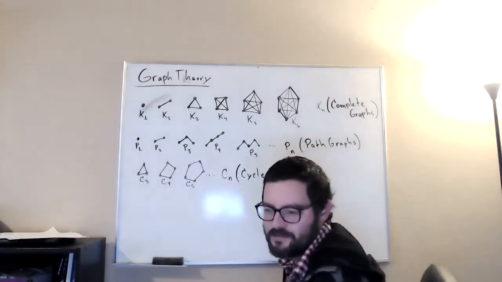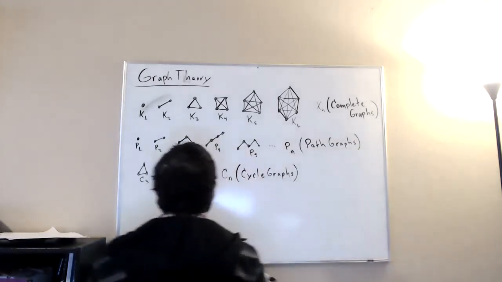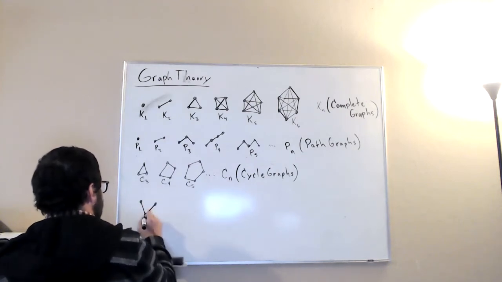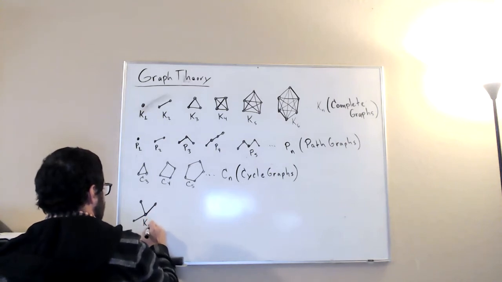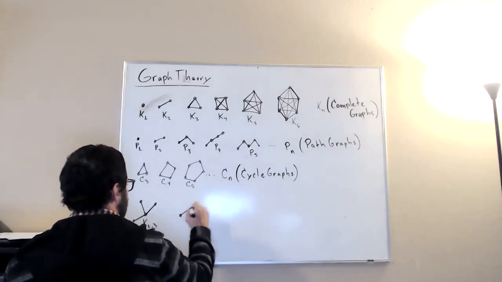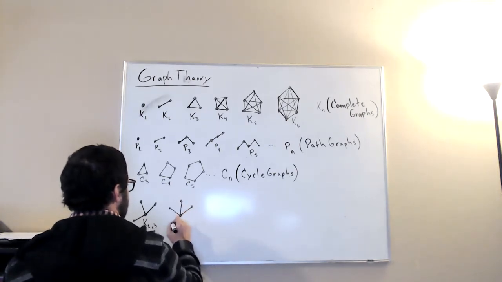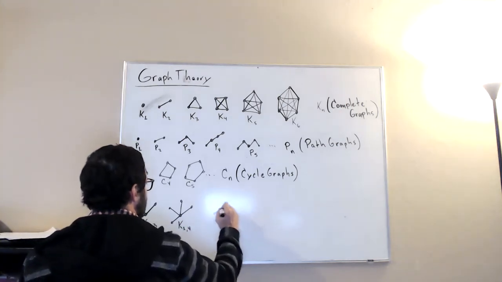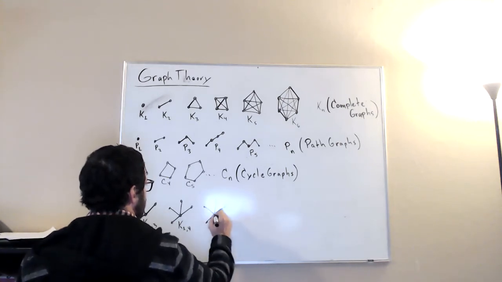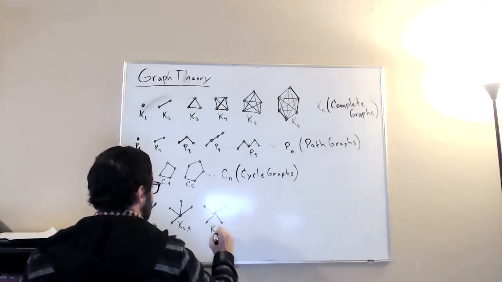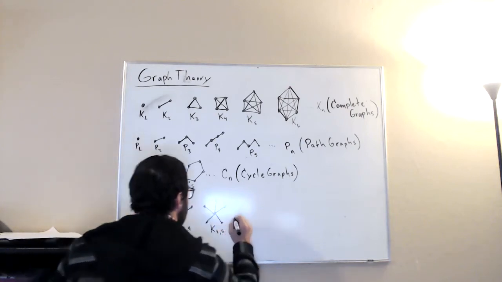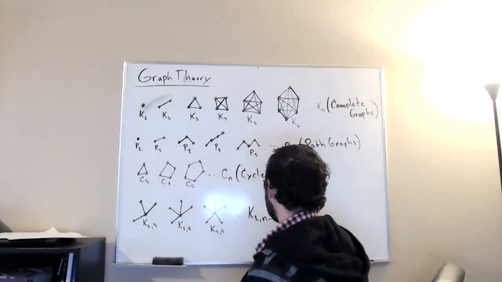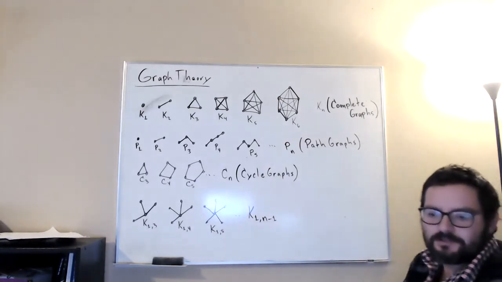I'm going to keep on doing this, and the name of the game is to try to guess the name of the family. What do you think those graphs are called?